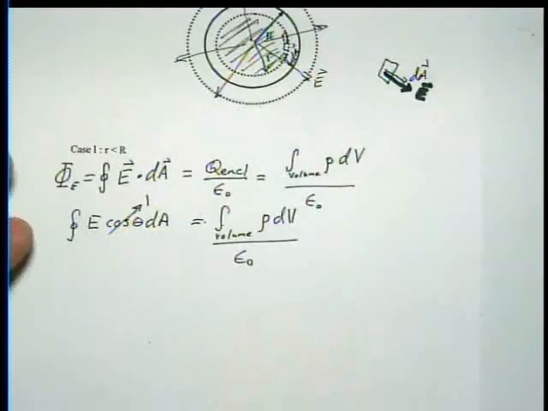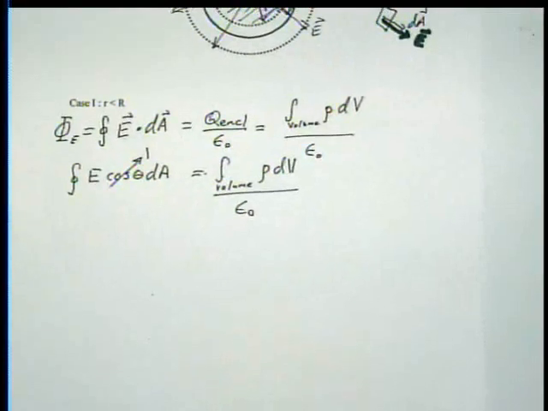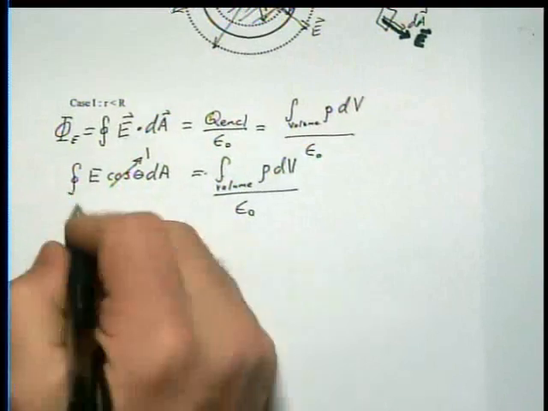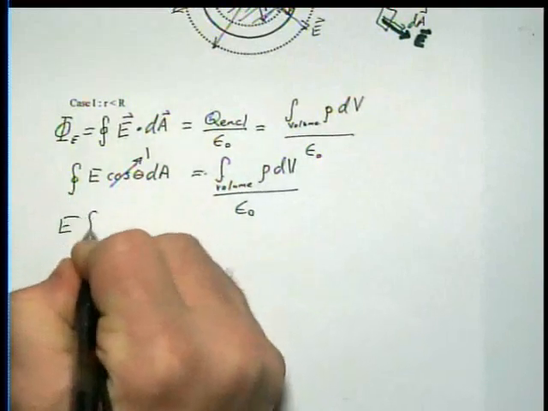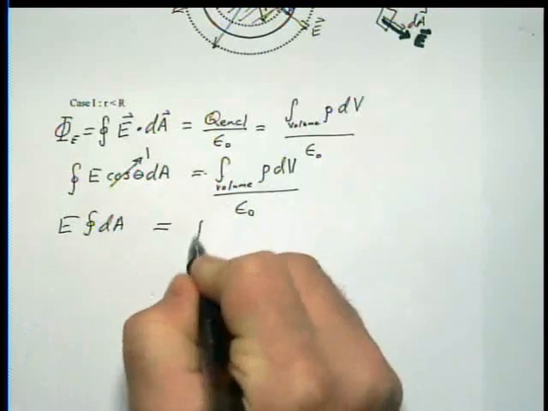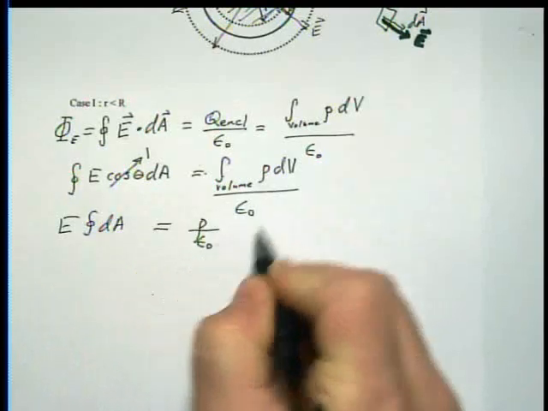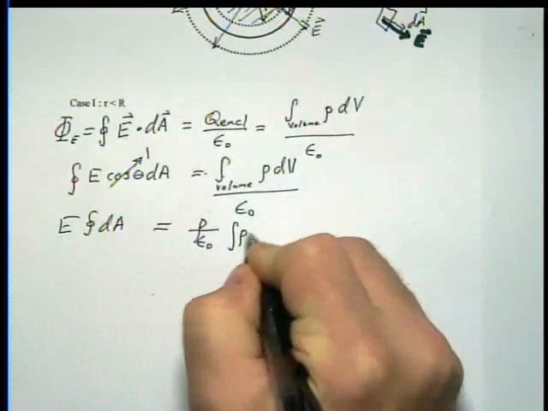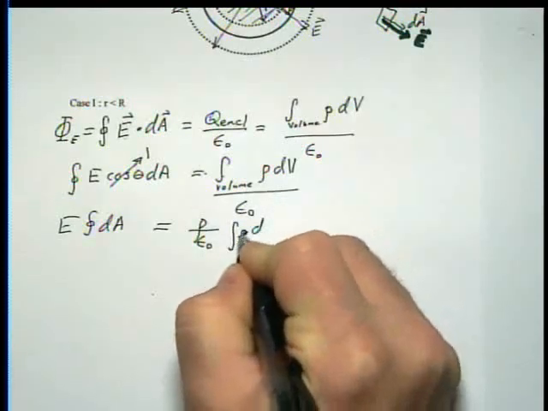With that, let's finish the problem like we did back in physics 2. I pull the E outside. I have the integral dA. I pull the rho over epsilon naught. I have the integral dV. Oh, sorry, just dV.